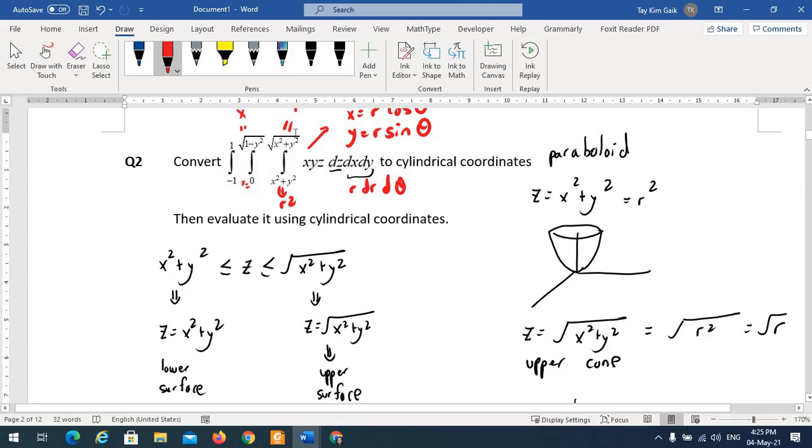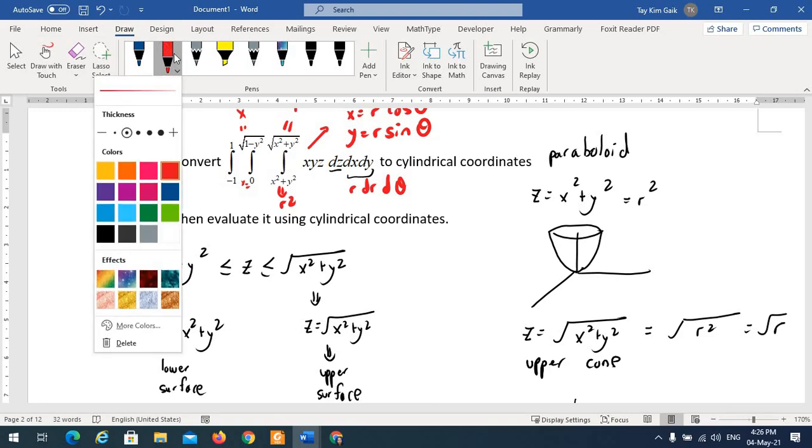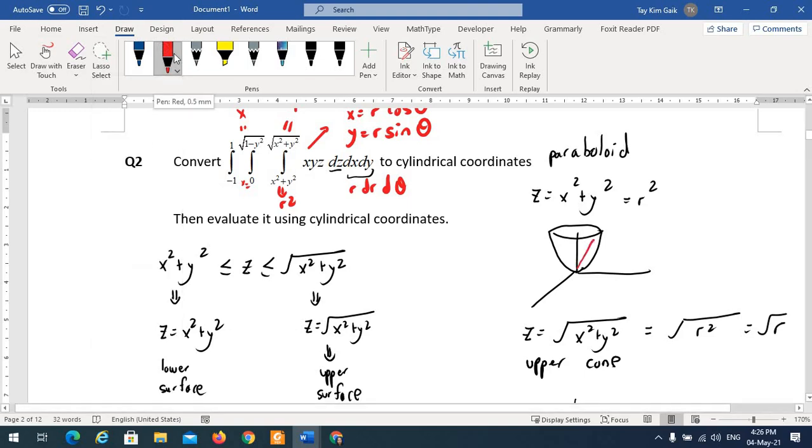This one is actually a combination of the limit of z: the bottom is a paraboloid, the upper is the cone. Then you combine. So when the solid is here, the bottom is a paraboloid, z equal r squared.